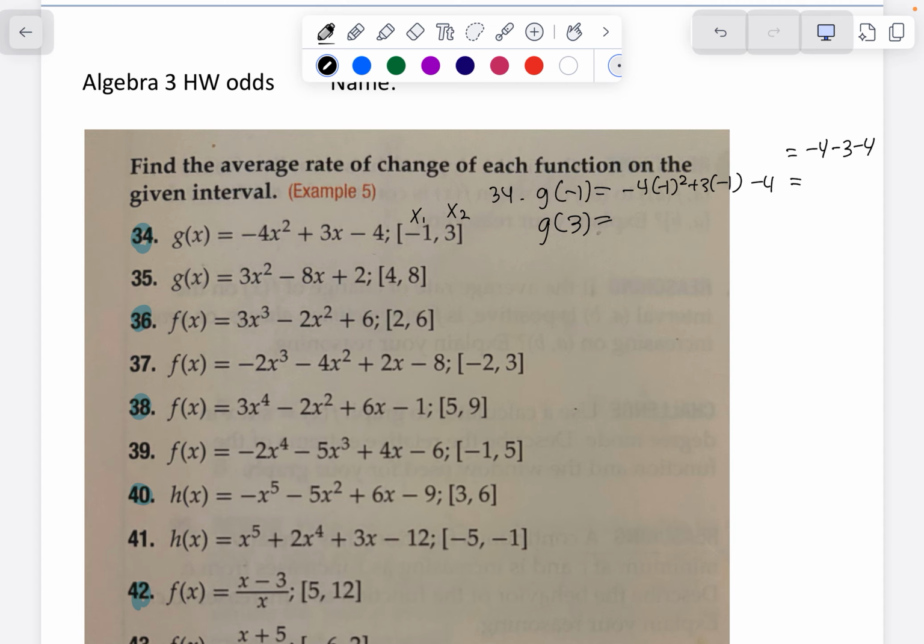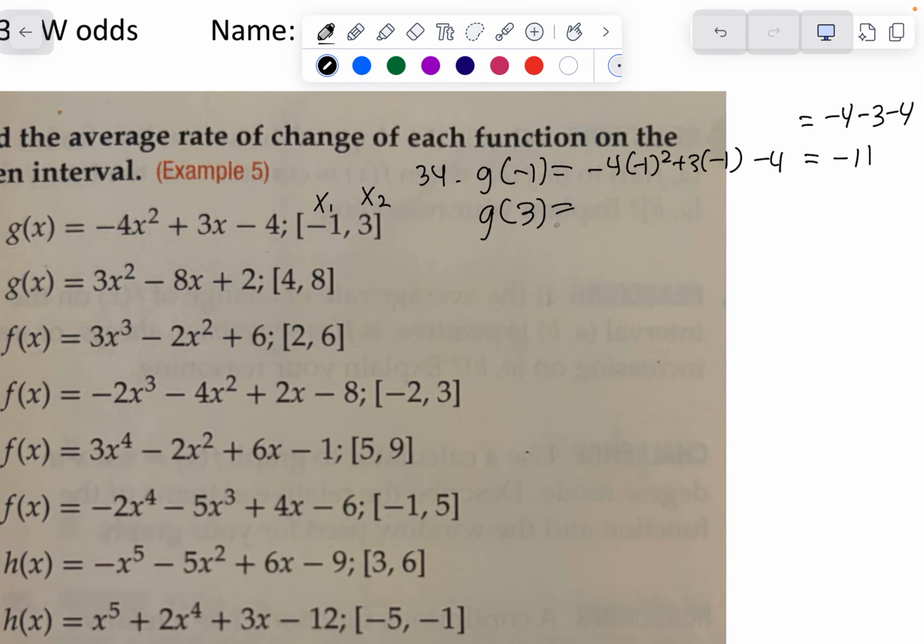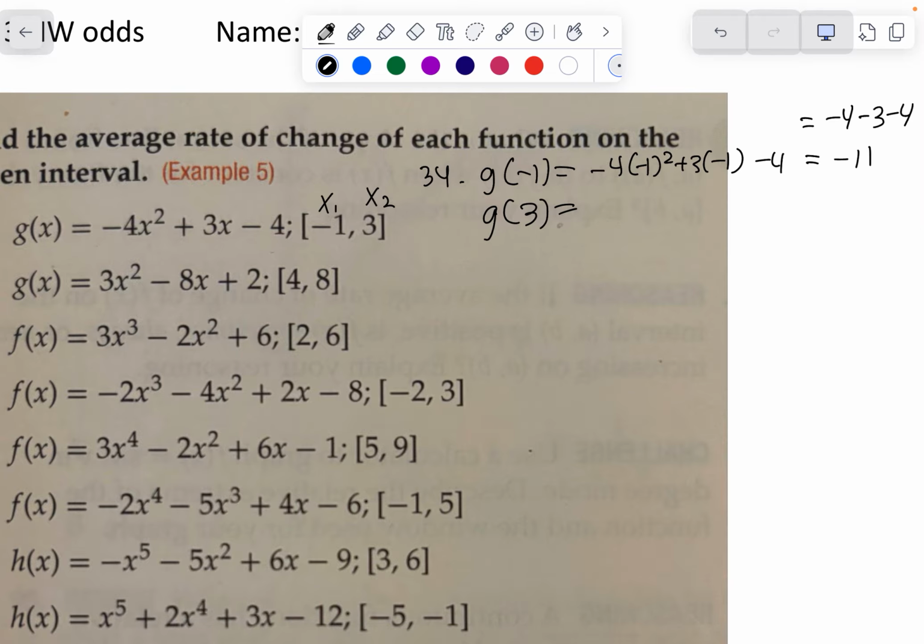Okay. Now let's plug in 3. If we plug in 3, we get -4 times 9 plus 3 times 3 was 9 minus 4. What is that? -36 plus 5, which is -31. Okay.